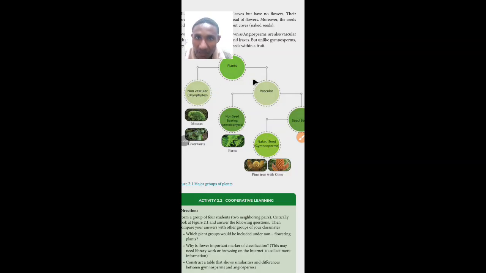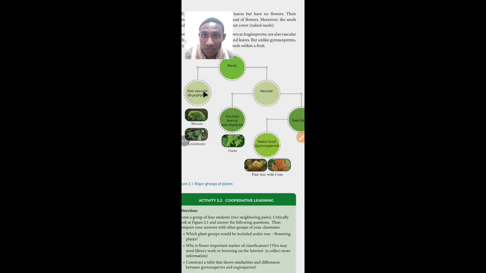So plants can be divided shortly into vascular and non-vascular plants. First, the non-vascular plants, or bryophytes. As the word says, non-vascular.